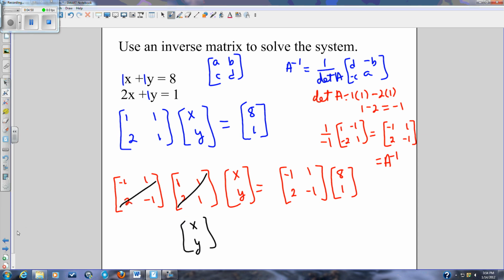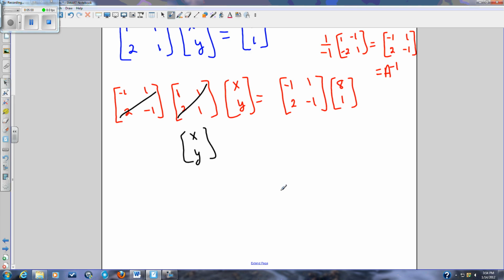On the right-hand side, I'm going to extend this page a little bit. We need to multiply, so we're going to take the first row times the only column. So we're going to say negative 1 times 8 plus 1 times 1. So we end up with negative 8 plus 1, which gives you negative 7. So there's our first entry. And then we're going to take the second row times the only column.